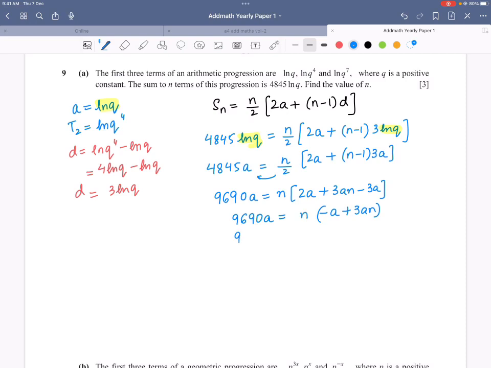Alright, it will be 9690a is equal to minus an plus 3an square.